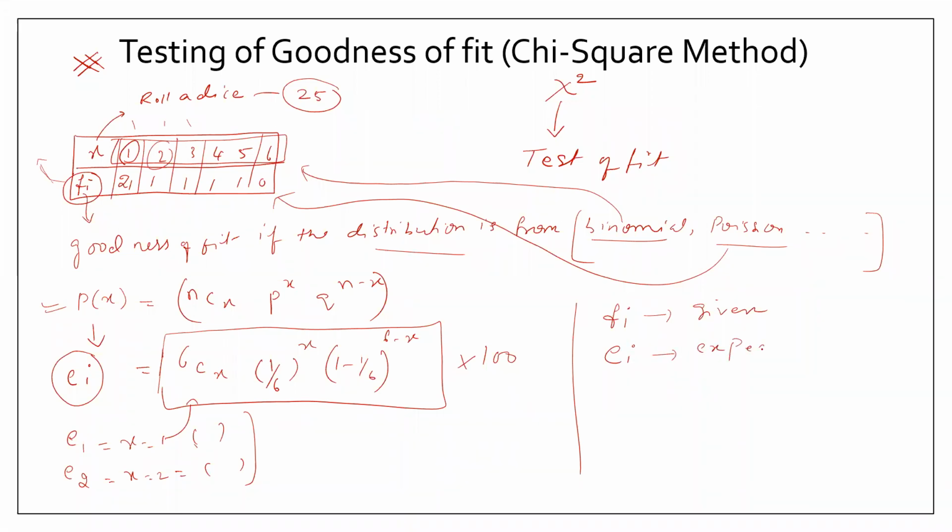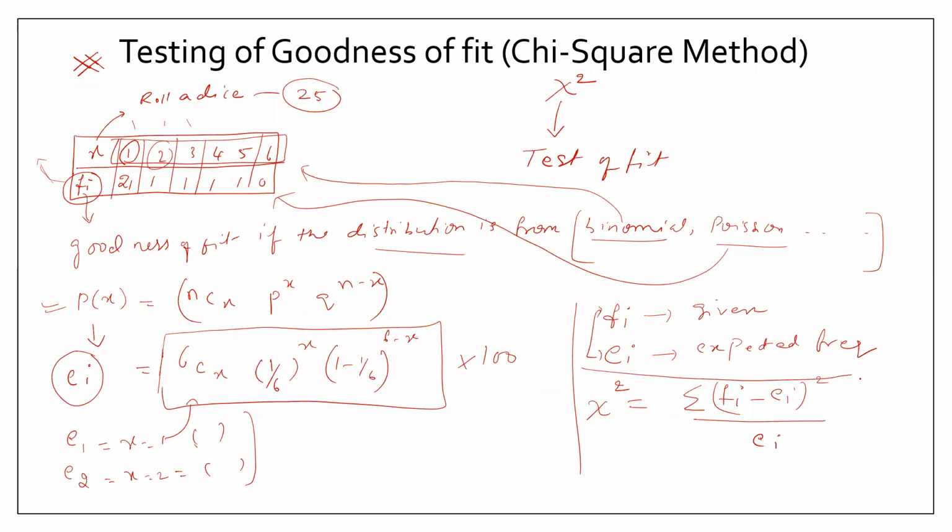Based on the expected frequency and Fi, I will calculate the chi-square with the formula: summation of (Fi minus Ei) whole square divided by Ei.